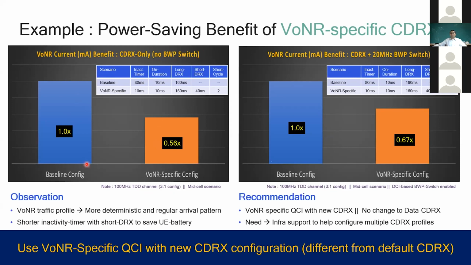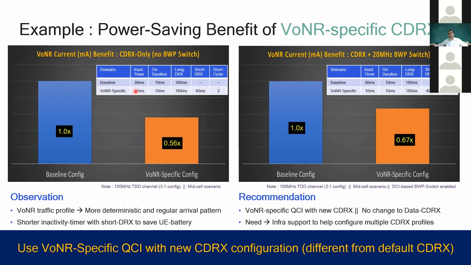What we are showing here is, with a baseline CDRX configuration, what is the power consumption of a device running a VoNR application, and if in the network we configure a VoNR specific CDRX only for VoNR, we could save significant power of the device with respect to the baseline configuration.